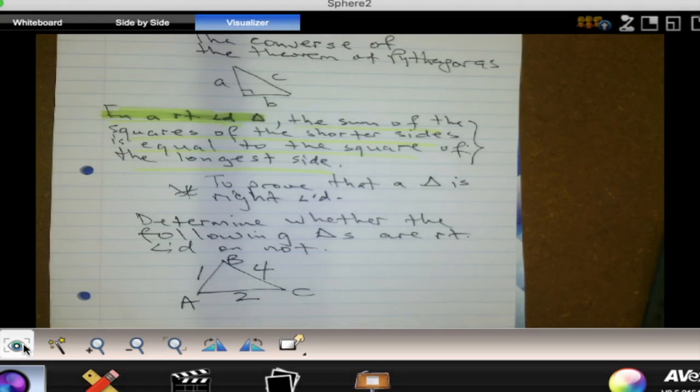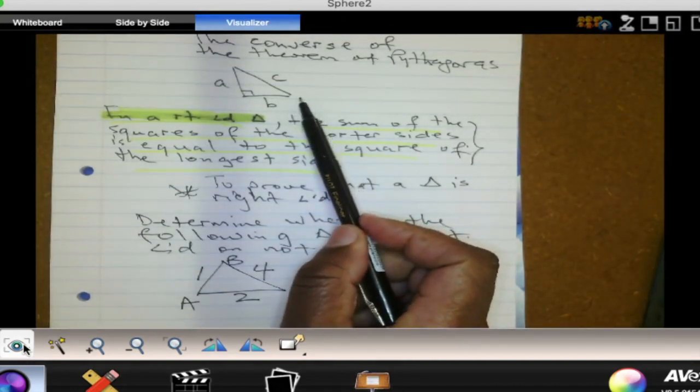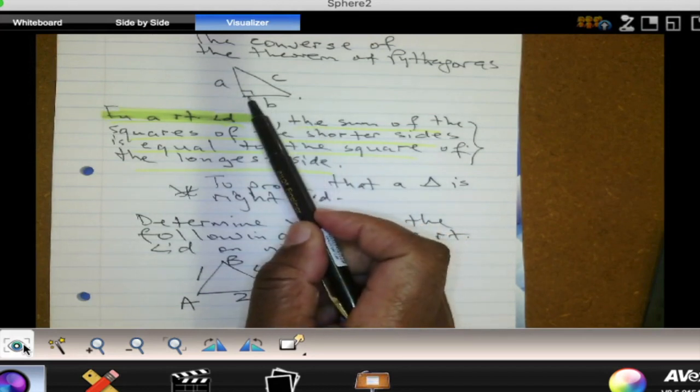Do you think triangle ABC is right-angled? We will check that, right? And if it is right-angled, which sides would actually meet at 90 degrees? Look at that triangle there. That's a right-angled triangle. Do you see where the right angle is?